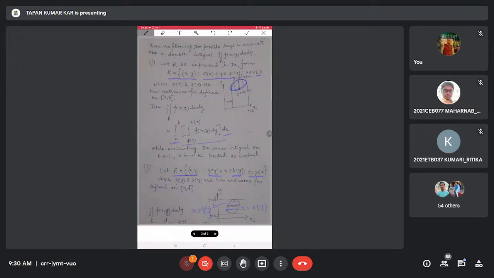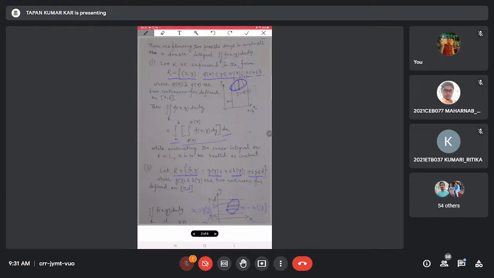You cannot say here x equal to a certain value, and here a certain value. Since it is a curve x equal to g(y), and a curve x equal to h(y), at each point x is g(y), x is h(y). And here y equal to c, y equal to d, y is constant, but x depends on y. In the first case, y depends on x, but x is constant.